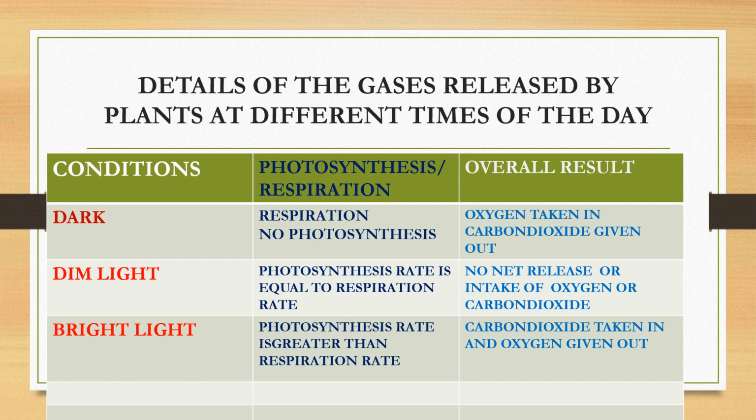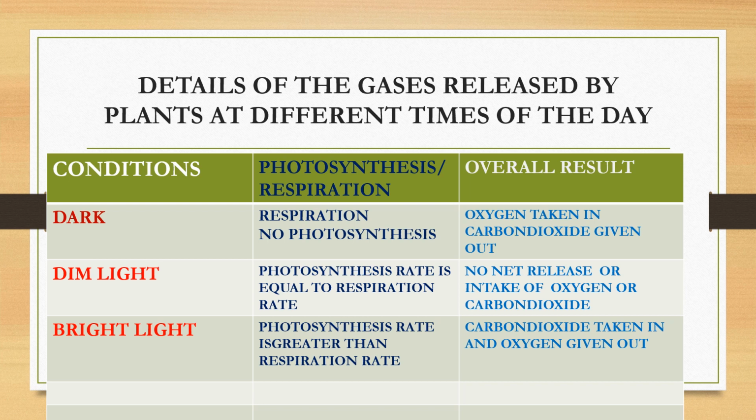Now the third condition, bright light. What is bright light? Bright light is during daytime. During daytime, the photosynthesis rate is greater than the respiration rate. So carbon dioxide is taken in and oxygen is given out.